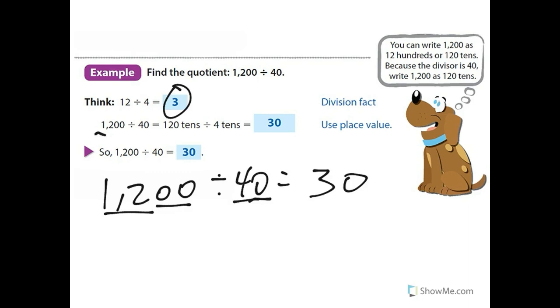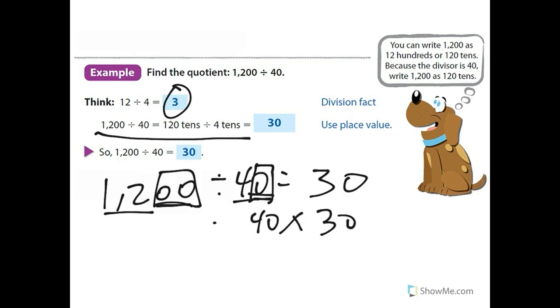So they're basically doing it the same way. They're just using place value a lot more. As long as we understand that we're using place value, then I think this strategy is simpler when we take the zeros and subtract them, just like in multiplication we added them. Because look, if we do 30 times 40, it's going to equal 1,200, because we got 3 times 4 equals 12, 2 zeros, 2 zeros.